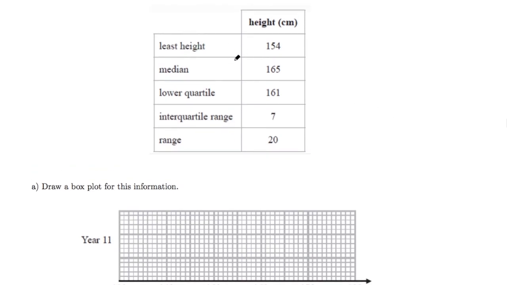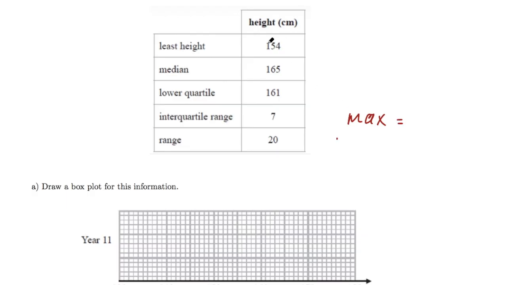So for a box plot, we need the minimum, the median, the maximum, the upper quartile and lower quartile. And here we're given 3 of those, and we actually need to figure out the others. So if I'm given the minimum and then the range, I can work out the maximum, because the range is the difference between the minimum and the maximum height.